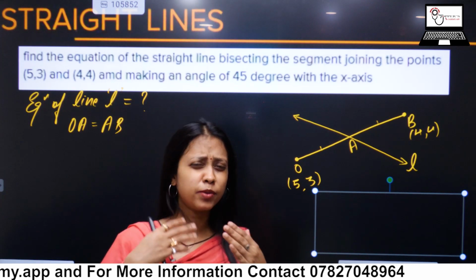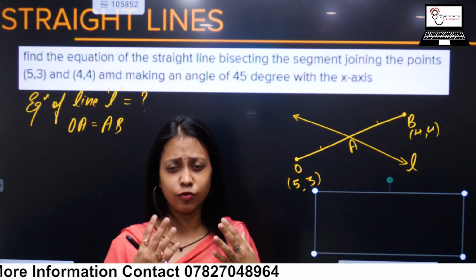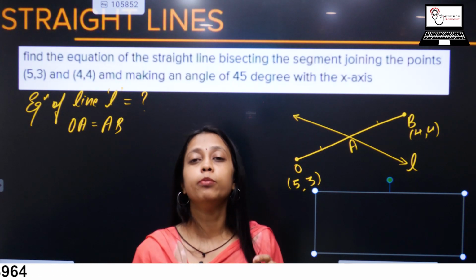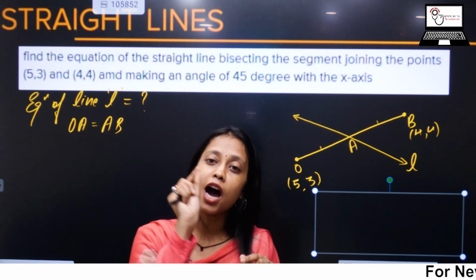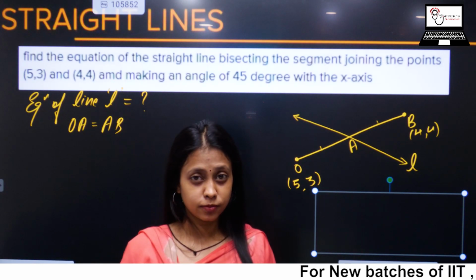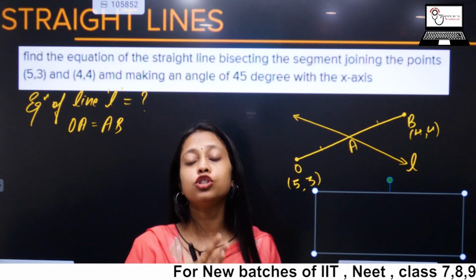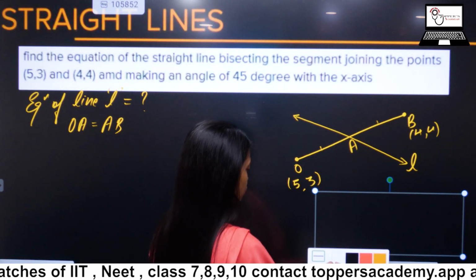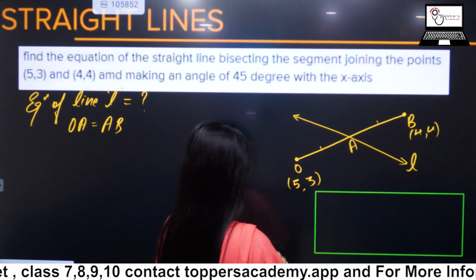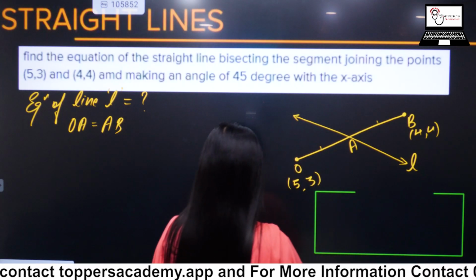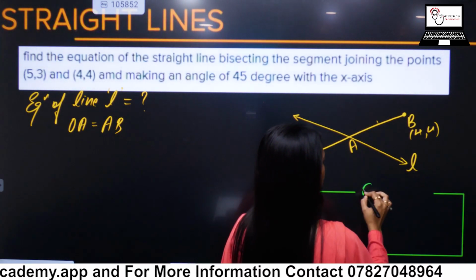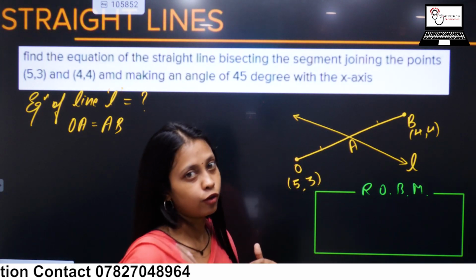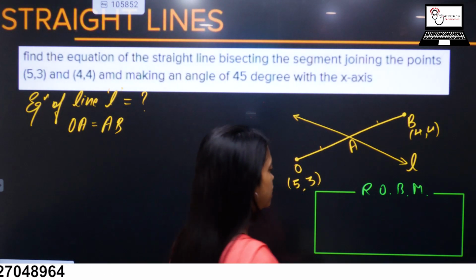You have done them, but you may have forgotten them, so no need to be afraid. When you are doing the questions, make a box and name it ROBM, revision of basic mathematics, and write it there. It holds the midpoint formula, which comes from the section formula.